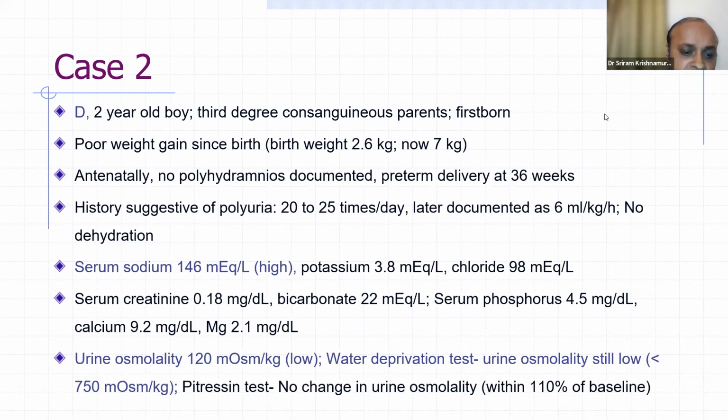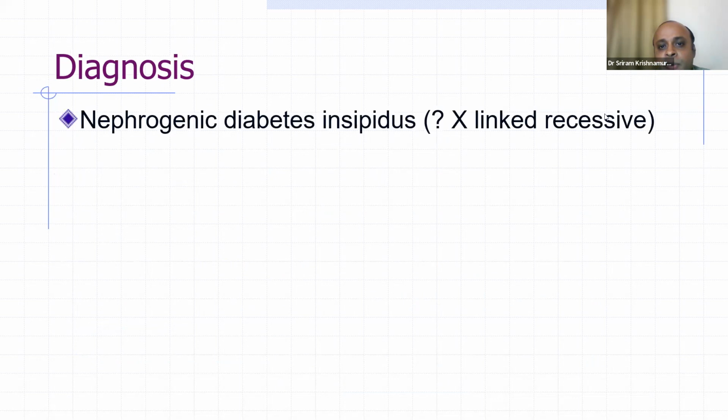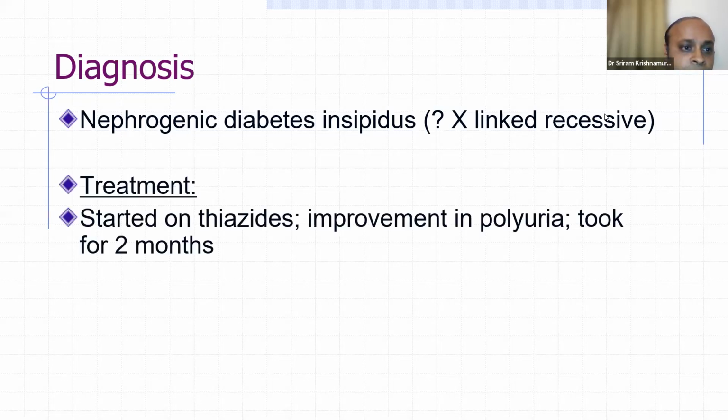And then a pitressin test was done, which showed no change in the urine osmolality. It remained within 110% of the baseline. So this suggested actually a nephrogenic diabetes insipidus, and we actually thought that it is an X-linked recessive form of nephrogenic diabetes insipidus because he was a boy.